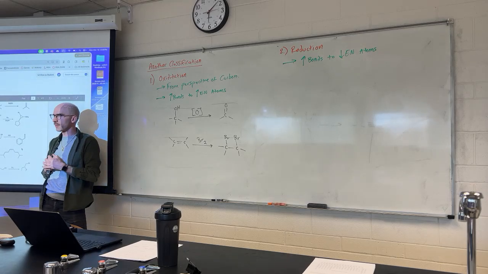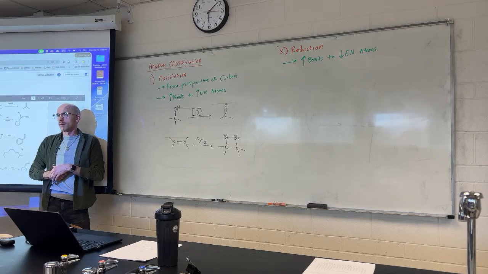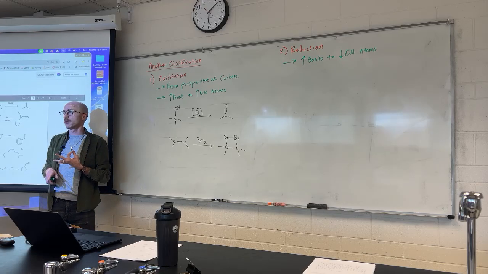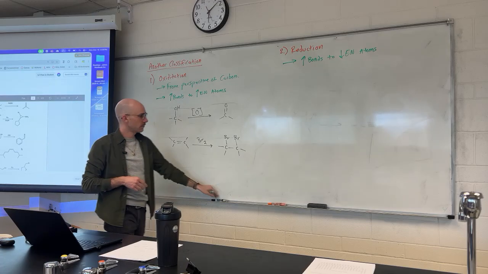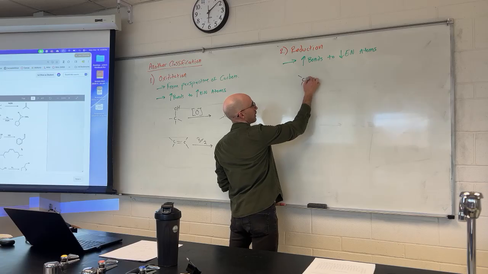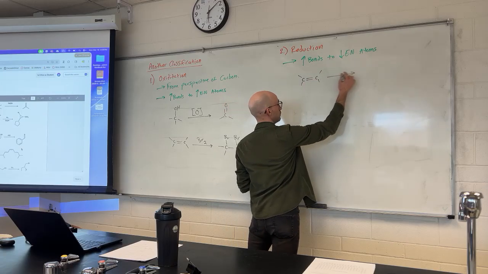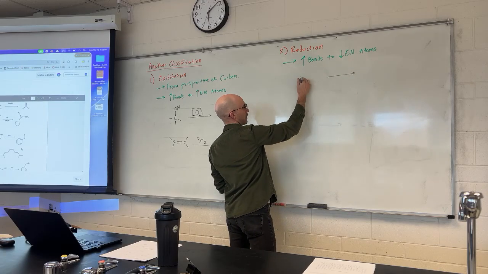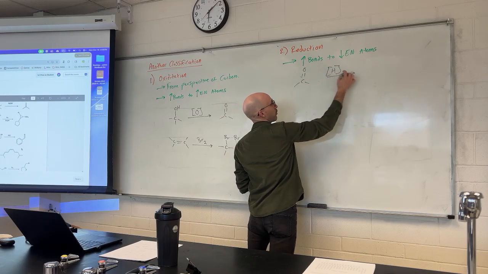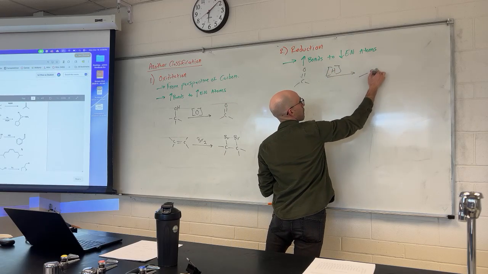What's less electronegative than carbon? Hydrogen, boron, metals are all less electronegative than carbon. Once again, we'll often write this as H in brackets over the arrow.